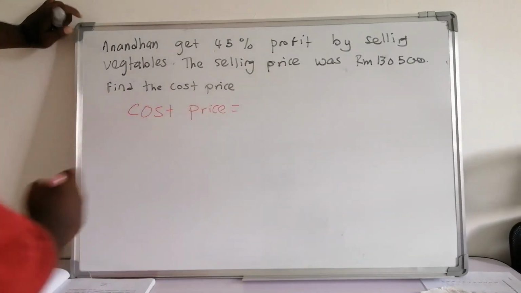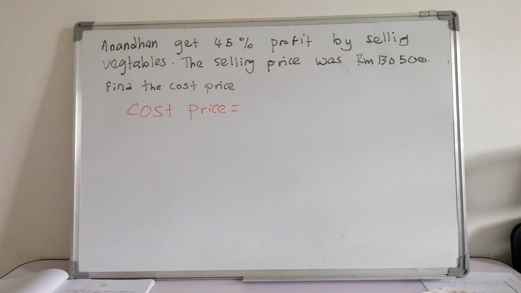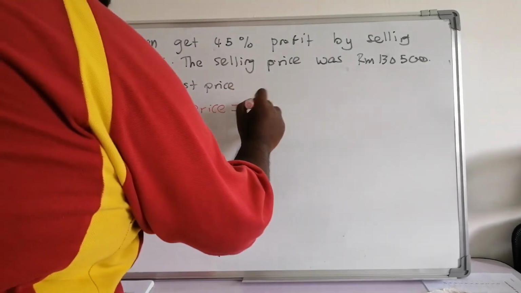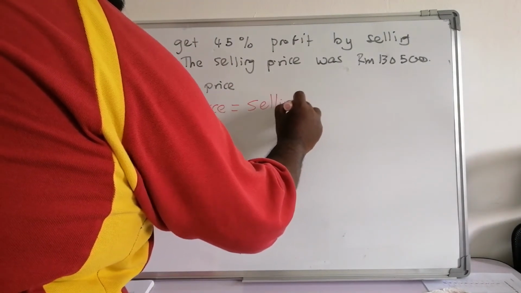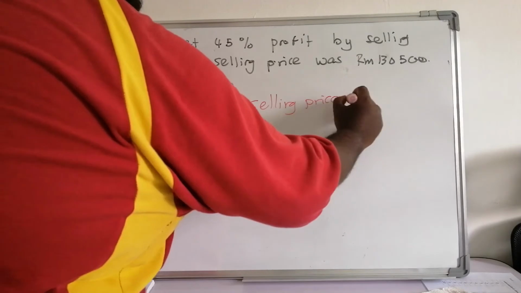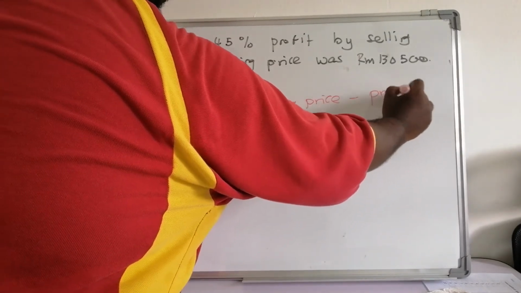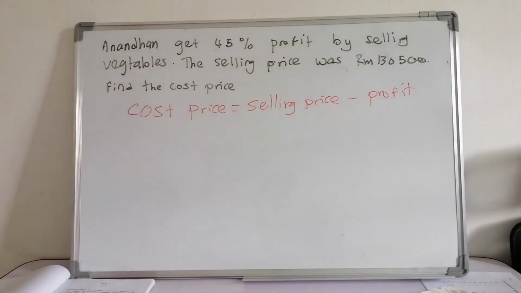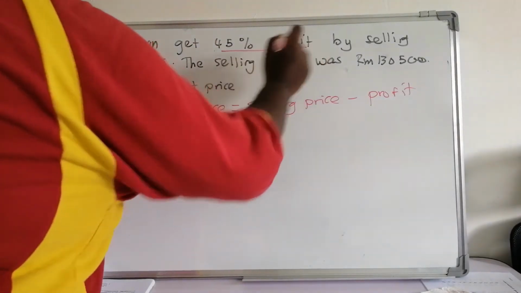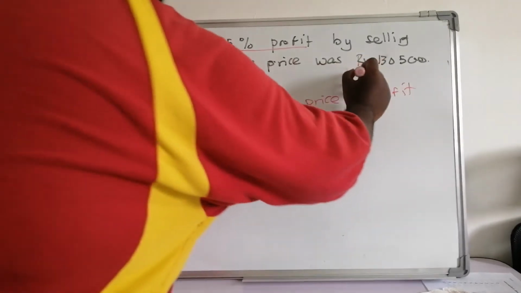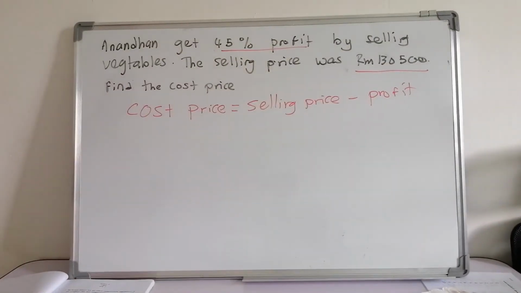The cost price formula is selling price minus profit. In this question, he gets 45% profit, and the selling price was 130,500.